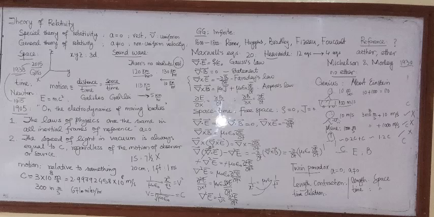But now consider that this man who is running at 10 meters per second switches on a torch. Is the speed now 3 times 10^8 meters per second plus 10 meters per second?